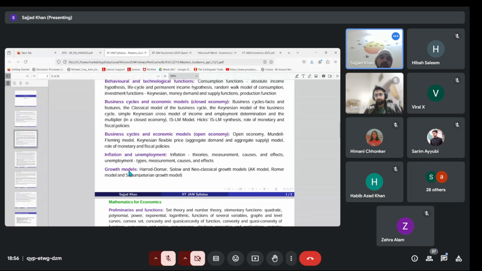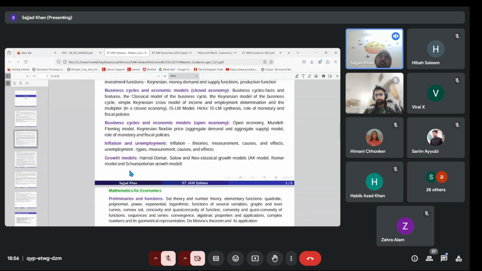Now, growth models. In all these growth models, the Harrod-Domar model and the Solow model are the most important, because every year two questions have been asked. One, I think, in objective or SAT type is asked from this growth model.